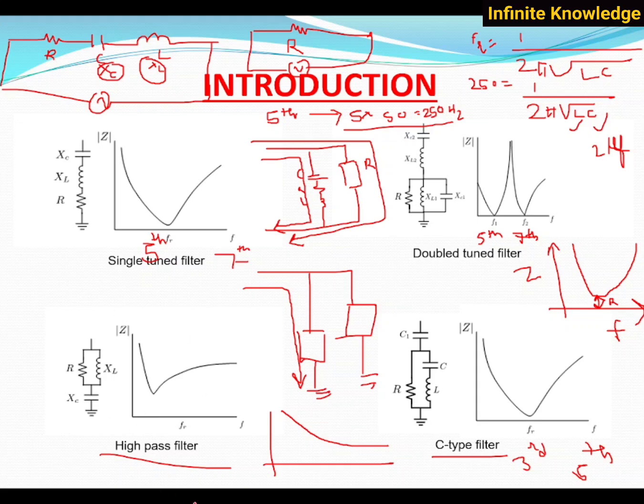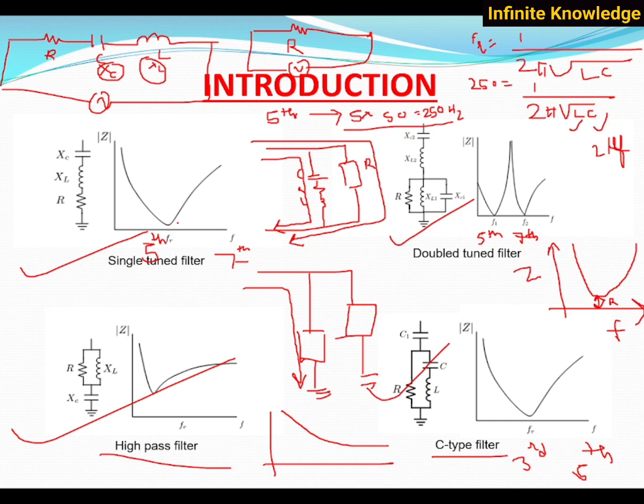This is a basic understanding of these four filters: single tune, double tune, C type, high pass. Single tune is for one particular harmonic. Double tune filters two different harmonics at the same time. C type is used for low order harmonics, particularly third and fifth. For the majority of higher order harmonics, you can understand by this graph also.